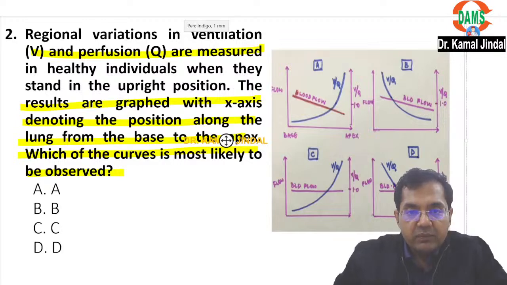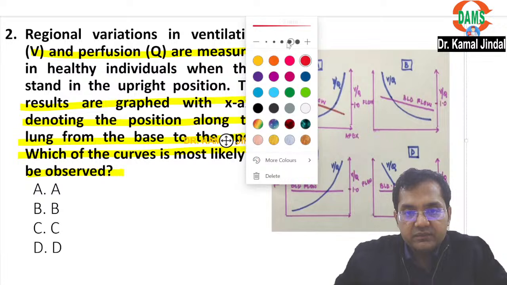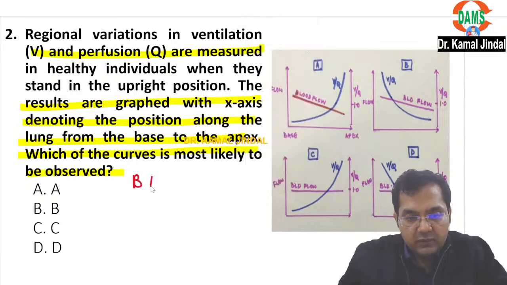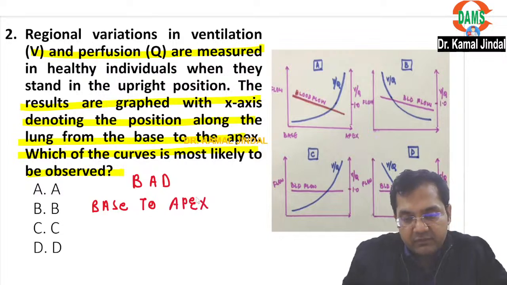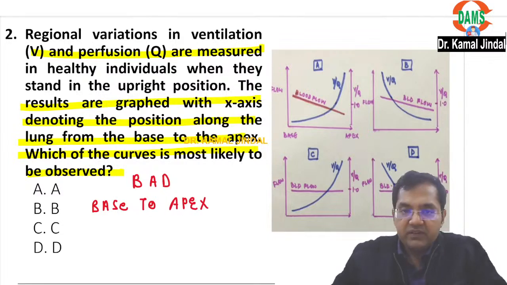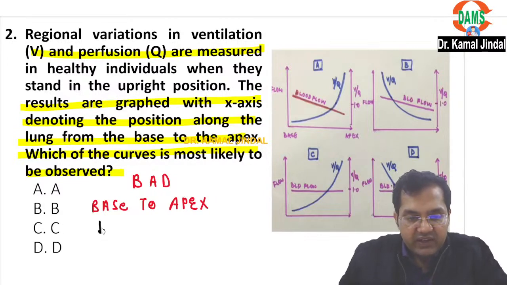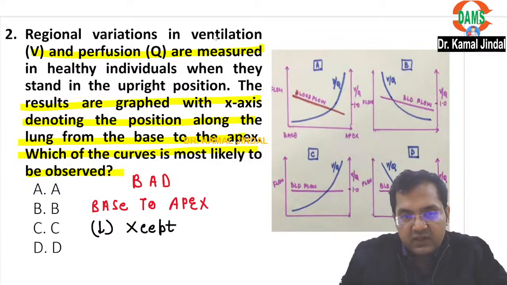So remember, there is a very easy mnemonic here, which is bad. Bad means as I go from base to apex, everything decreases except VQ ratio.